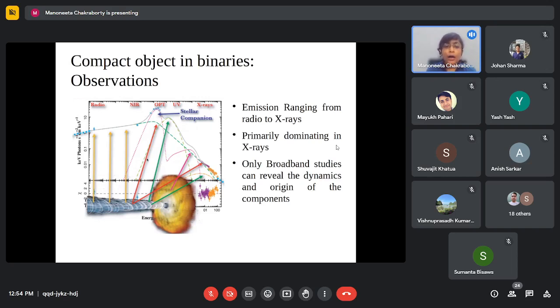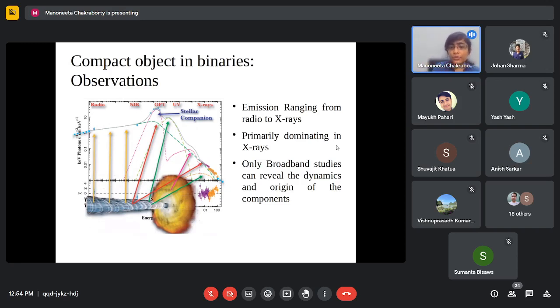And the wavelength of the radiation would often correspond to certain specific physical processes and certain specific components of the binary system, either from the jet or from the disk or from the base of the jet or from the companion star and so on.